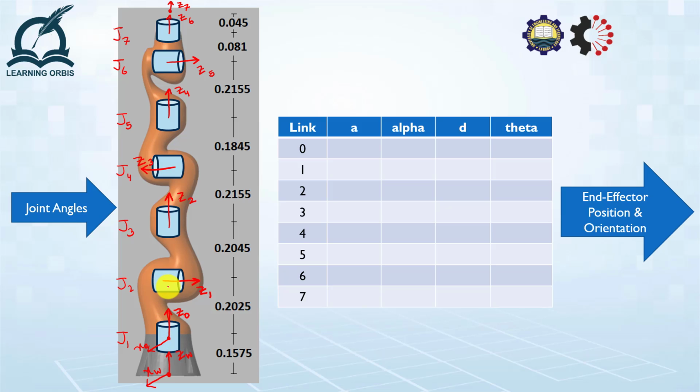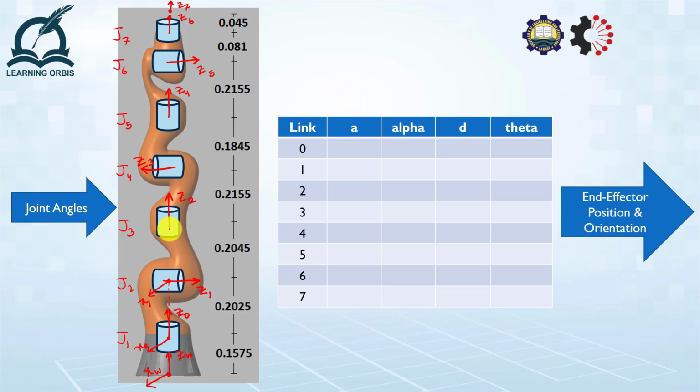Now, the next X1 axis should be perpendicular and intersecting with Z0, that is the previous z-axis. You can see that Z0 is intersecting with this Z1 at this point. So this is the only option we can have for X1. We can make X1 go into the board or come out of the board. Once again, I'm going to choose X1 to be coming out of the board. So this is X1 for me. Now moving on to X2, it should be intersecting and perpendicular to Z1 this time.